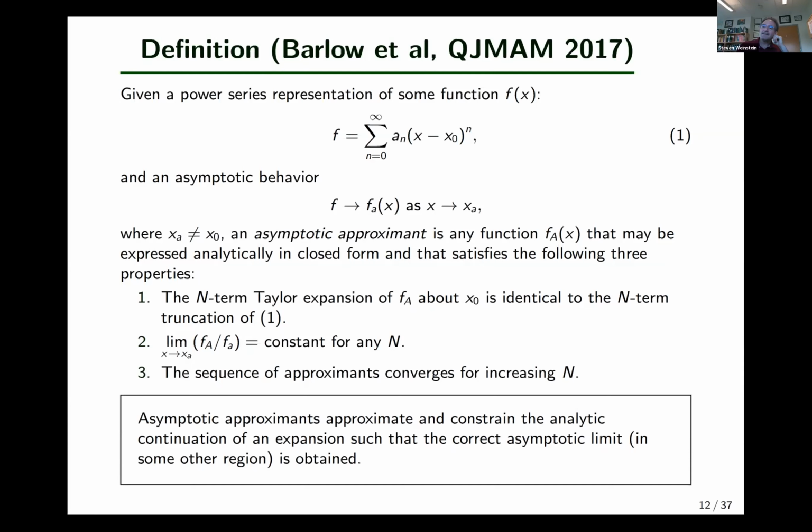Okay. But it's important, if I get you correctly, that there's no false positives in the approximation, right? If it converges, it converges to the right thing. Correct. If you're enforcing the right stuff. If you enforce the right asymptotic forms, yes.